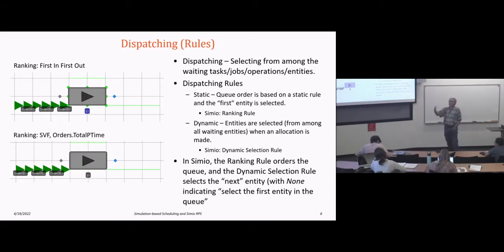By default, if I don't have a dynamic selection rule, then I'm just going to use the queue ranking rule, because it's going to take the next one. But I don't have to do that, right? If I have a dynamic selection rule, it goes through and recomputes every time there has to be a reallocation. That's computationally more expensive, but it also lets you change the priorities based on the time that the decision is going to be made.